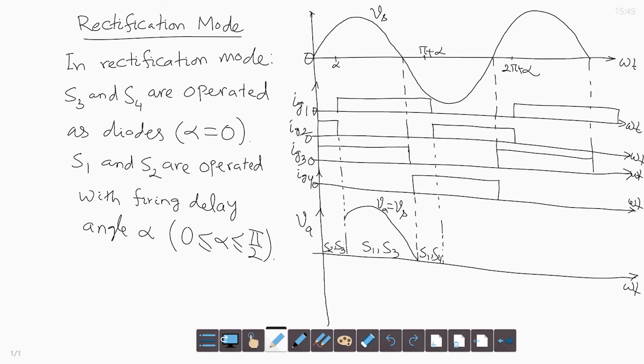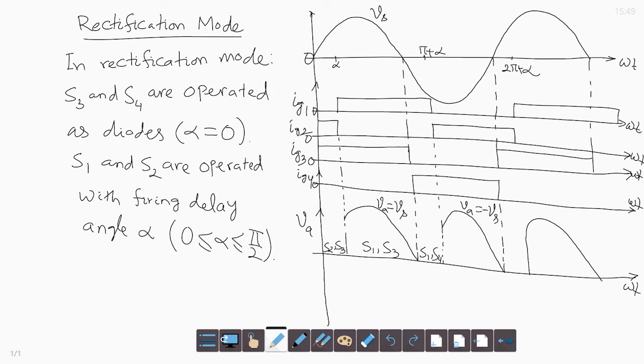From pi plus alpha to 2 pi, S2 and S4 conduct, so VA equals minus Vs. So this is the output voltage.